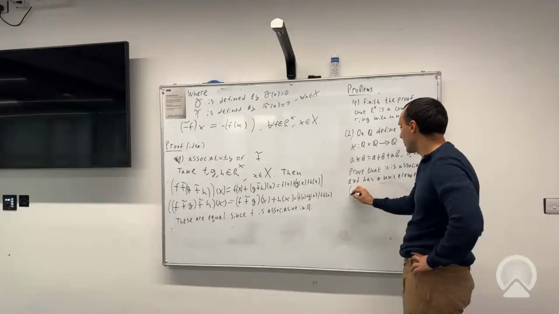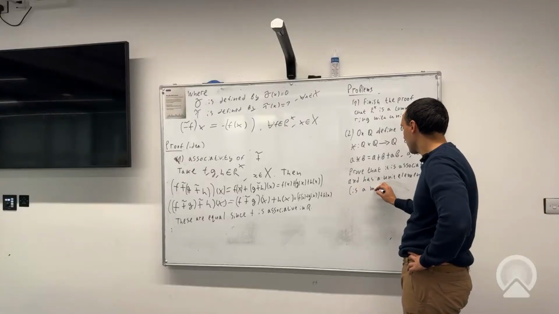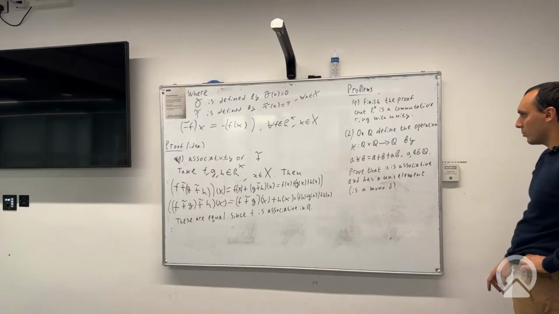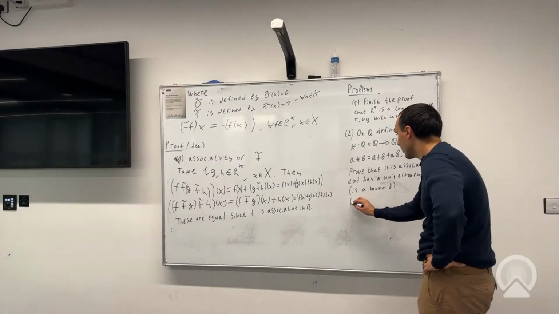So it is a monoid. And find the group of units.